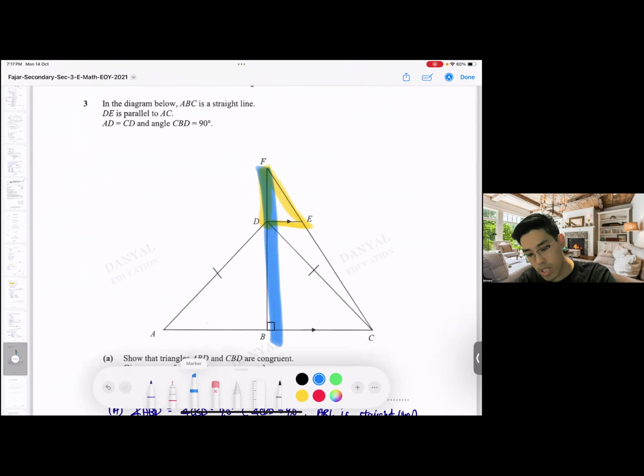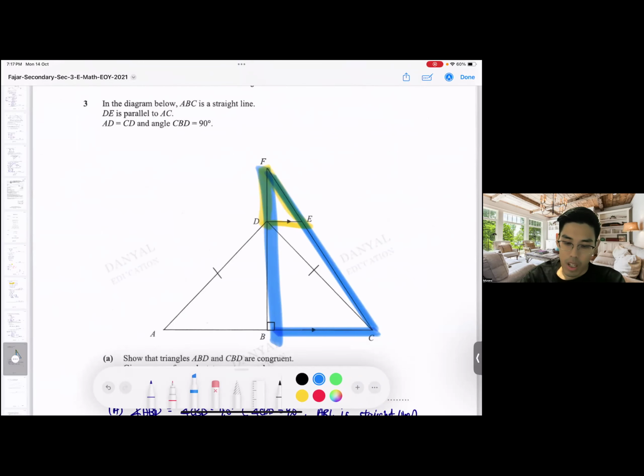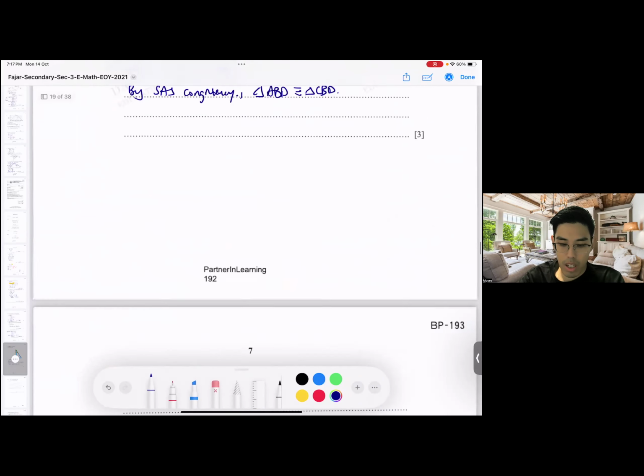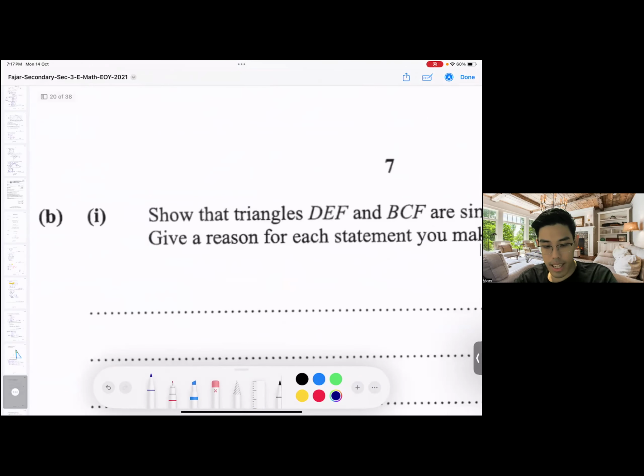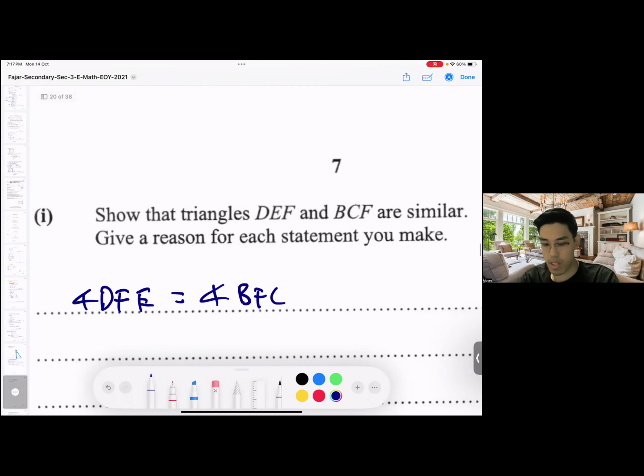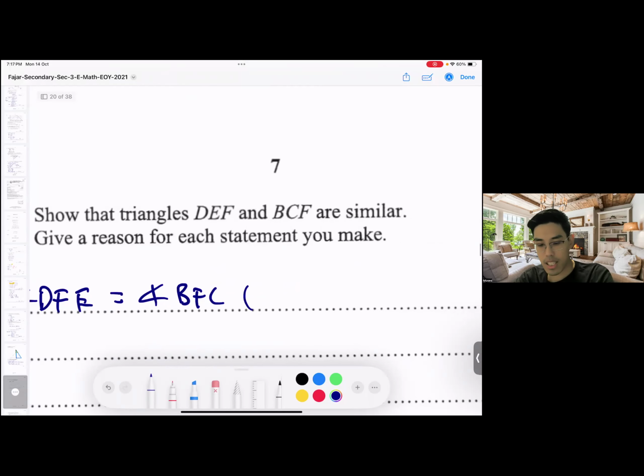As you can see, this one is actually also another very straightforward one because there's a lot of things that we can use. Number one, the one we can straight away see is that angle DFE is equal to angle BFC. Why? Because they are the same angle.